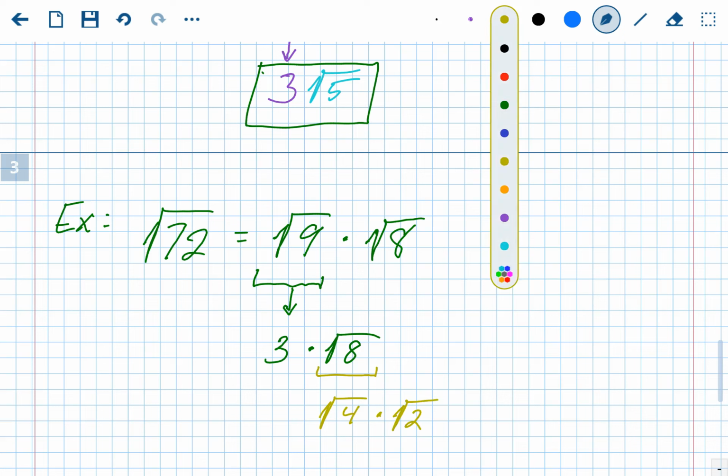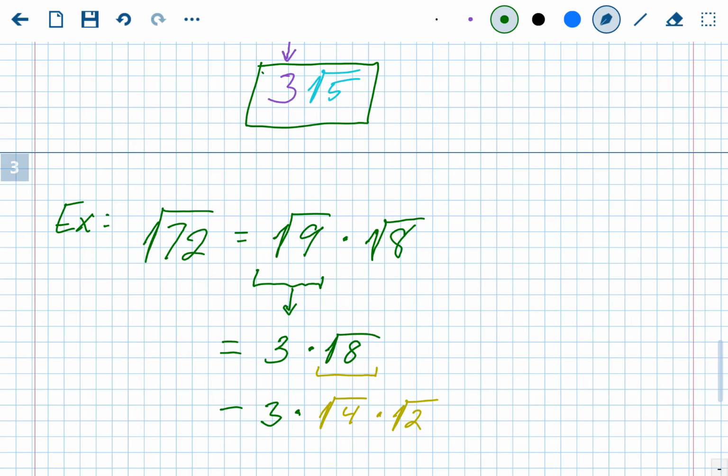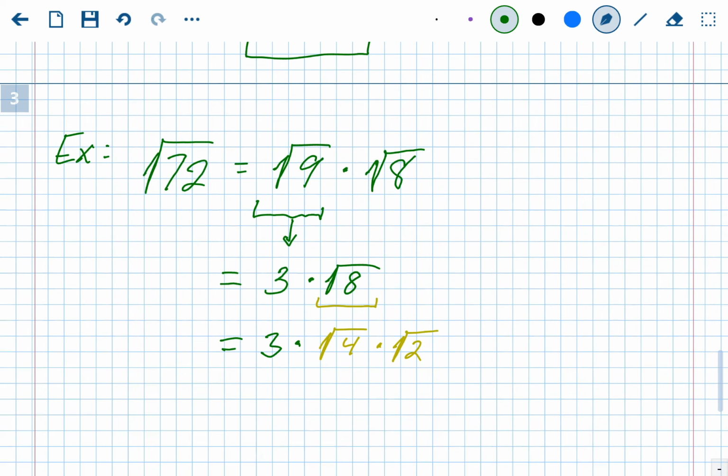And then that 3 still stays out front. Again, these are all equal to each other. So now we're down to 3 times the square root of 4 times the square root of 2. Well, the square root of 4, of course, is 2. 2 times 2 is 4. So now what we have is 3 times 2 times the square root of 2.